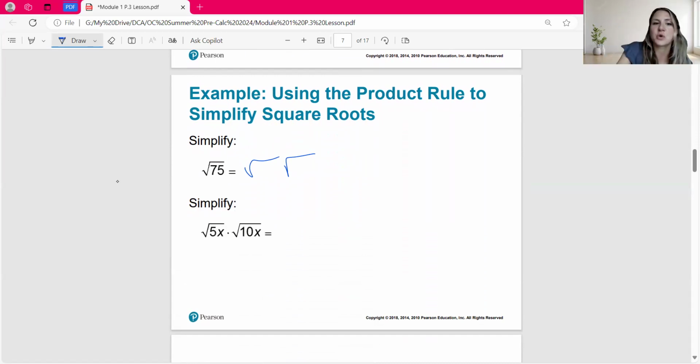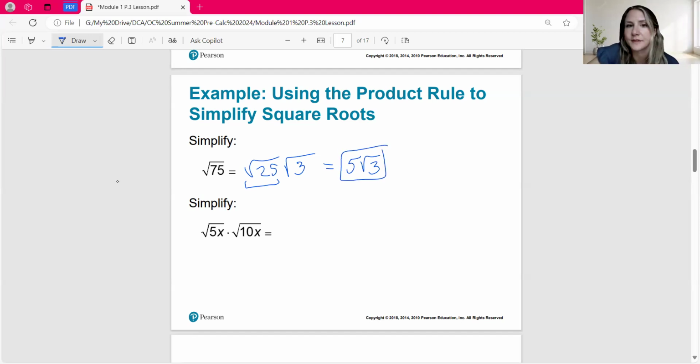So if I think about 25 and 3, that is a true equation because 25 times 3 equals 75. So I can rewrite the square root of 75 as the square root of 25 times the square root of 3. It's great to rewrite it like this because now it's easy to simplify. The square root of 25 is 5. The square root of 3 doesn't break down anymore. So this is the fully simplified form, 5 square root 3.